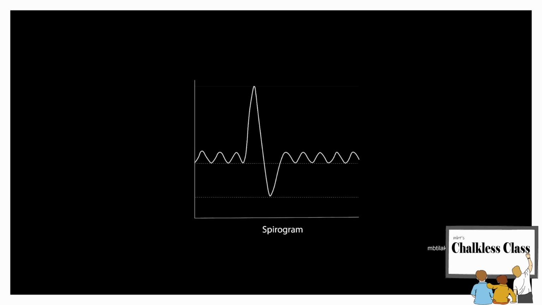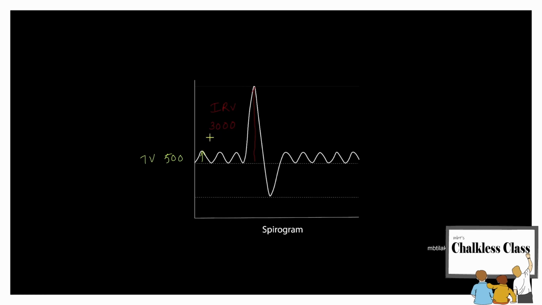And this spirogram is taken from the spirometer or spirometry. Tidal volume is the volume of air inhaled or exhaled in normal breathing. This is 500 ml. After normal inspiration, the additional volume of air inspired forcefully is called inspiratory reserve volume, which is 3000 milliliters.